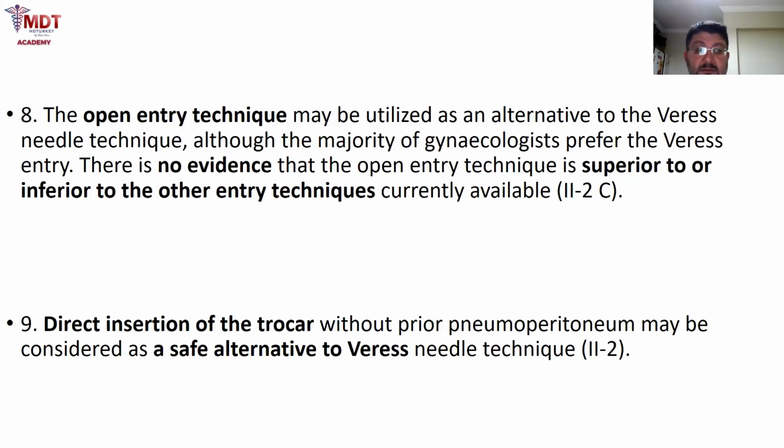They also recommend another technique, direct trocar insertion without any pneumoperitoneum. It is also an alternative technique to the Veress needle technique, and the complication rates are also similar for this technique. You do not use Veress needles, you do not insufflate the abdomen, you do not create pneumoperitoneum. You directly enter the abdomen by the trocar.